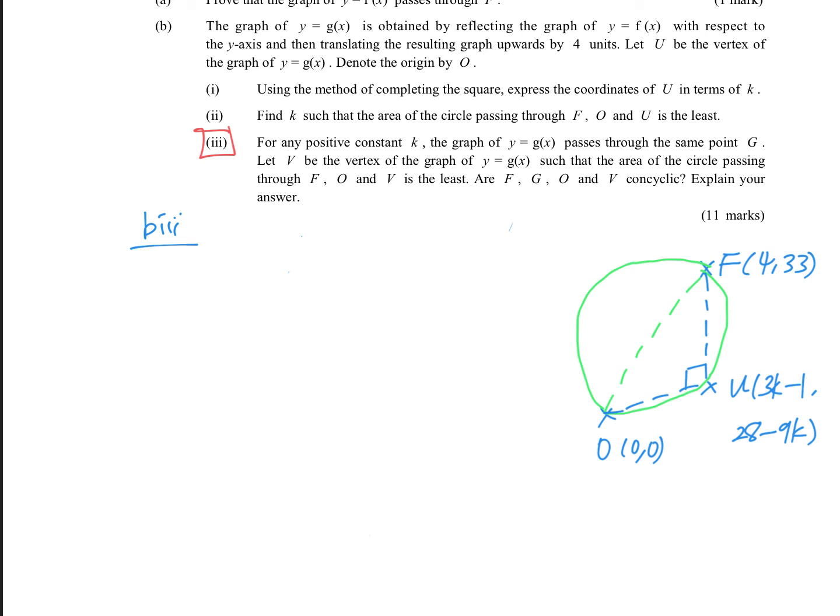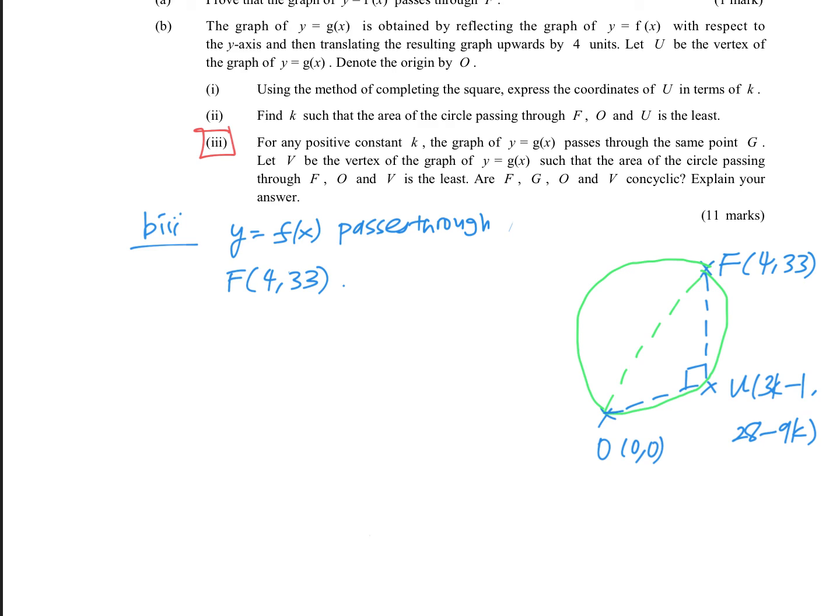Oh yeah, that would be another difficult point. So here you can see that y equals f(x) would always pass through F, which is (4, 33).